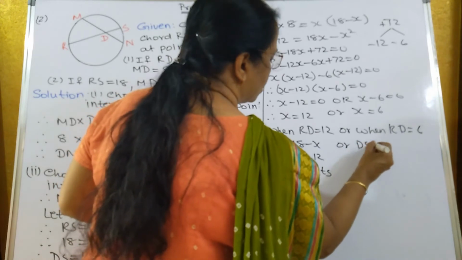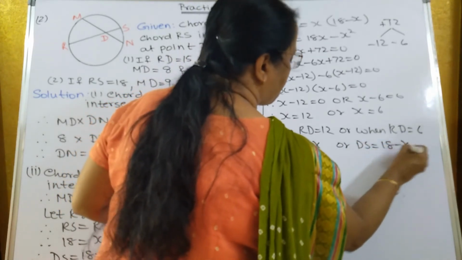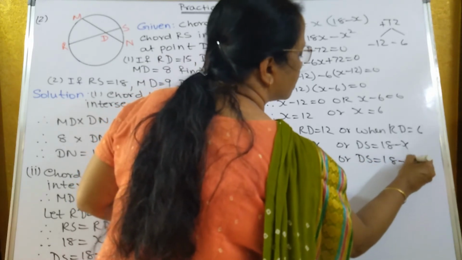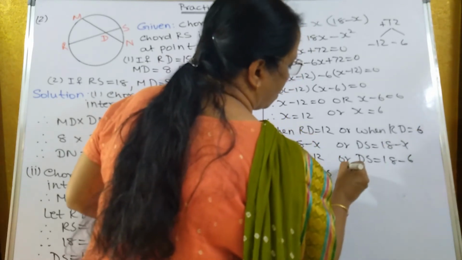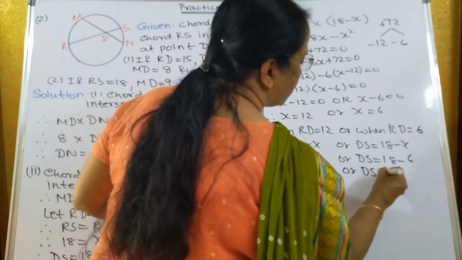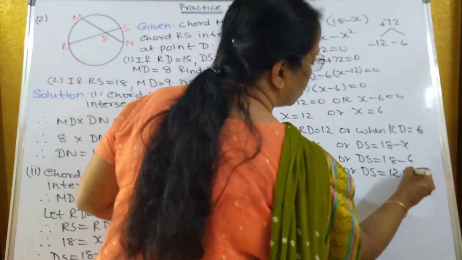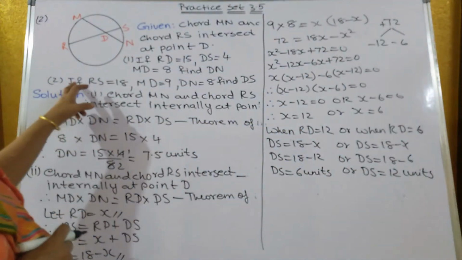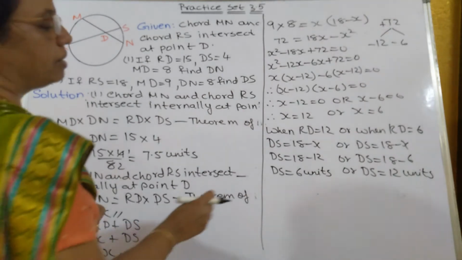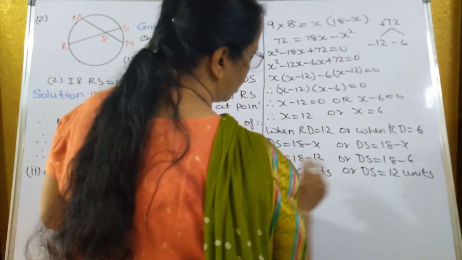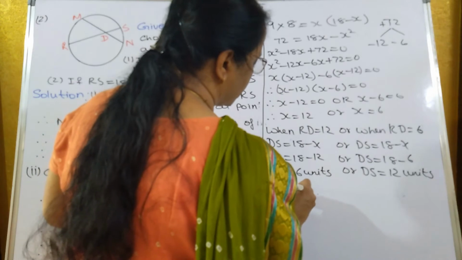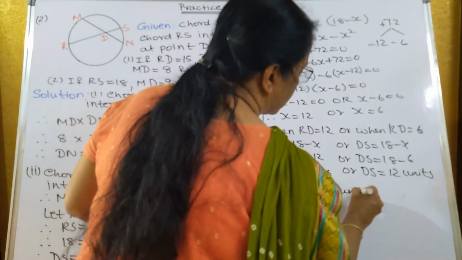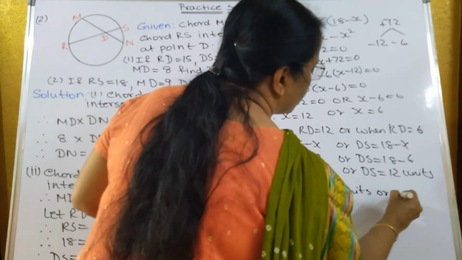DS is equal to 18 minus x. DS is equal to 18 minus 6, or DS is equal to 18 minus 6 is how much? 12 units. So in the second part we had to find out DS. So DS can be either 6 units or DS will be equal to 12 units. So write down the answer. DS is equal to 6 units or 12 units.